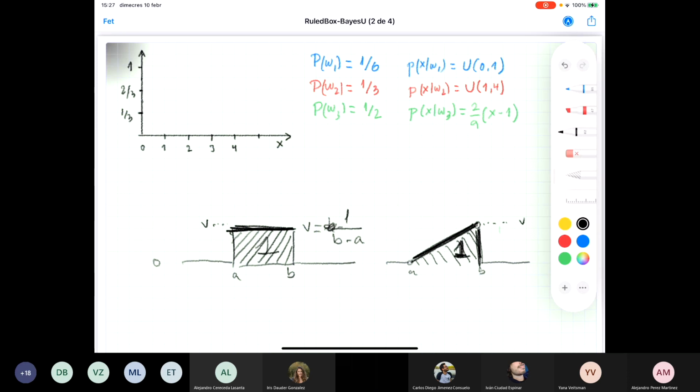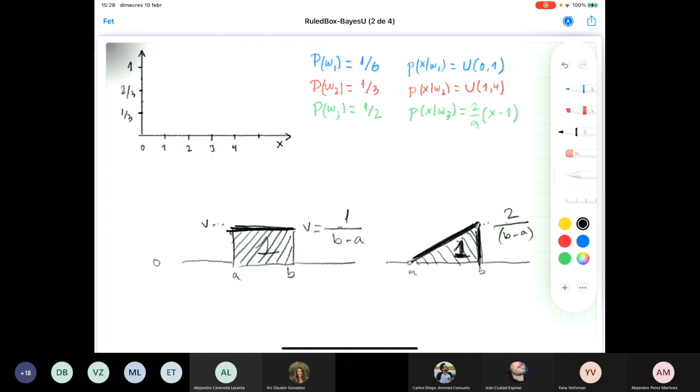Yes. Okay. And this value here needs to be 1 over B minus A divided by 2. Do you agree? Yes, because the area has to be 1. Okay?